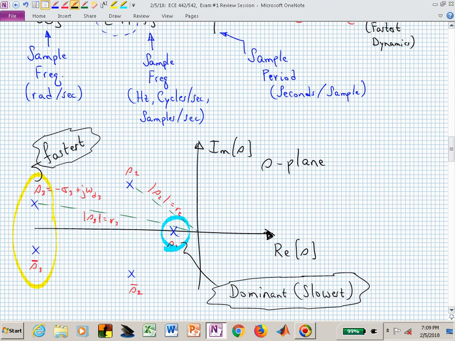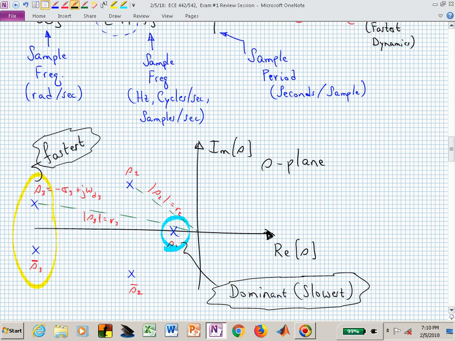We now have behavior influenced by all 5 of those poles moving together. Obviously, S3 shakes at a particular damped frequency influenced by how far away from the real line they are, but they also have a particular component of damping influenced by how far into the left half plane they are, or what their real part is. Sigma sub 3 then indicates how quickly they are damping exponentially.